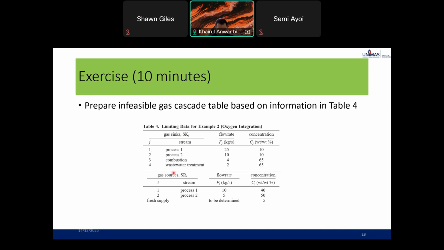So there are two processes. Yes, this is the one. So process 1 in figure 3 or in the slide. Process 2, 5.